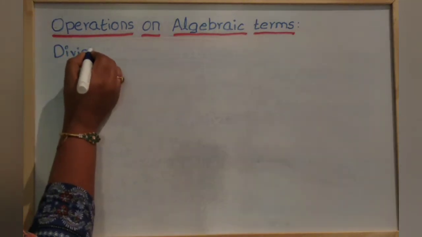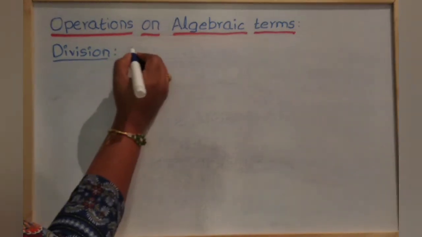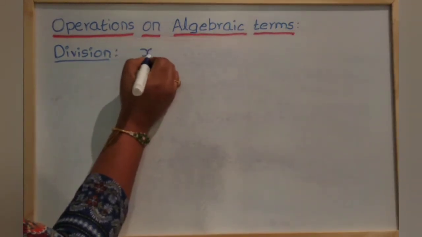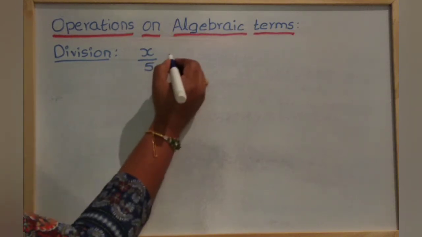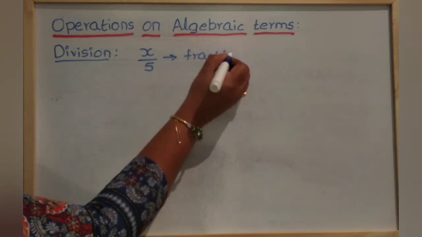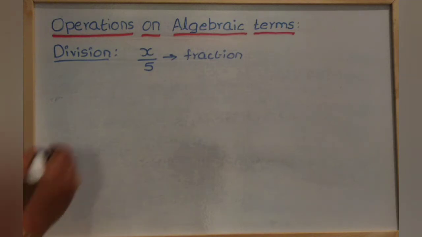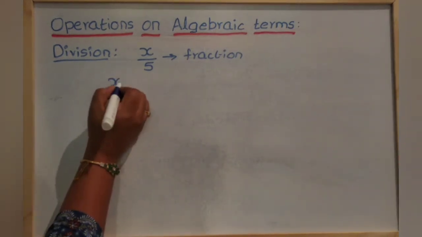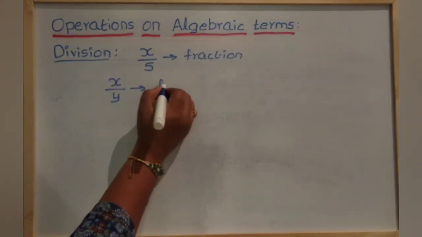Division. When a variable, suppose x, is divided by a constant, suppose 5, then a fraction is formed. Similarly, if a variable x is divided by another variable y, a fraction is formed.